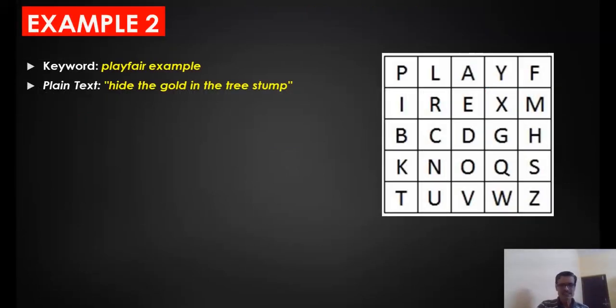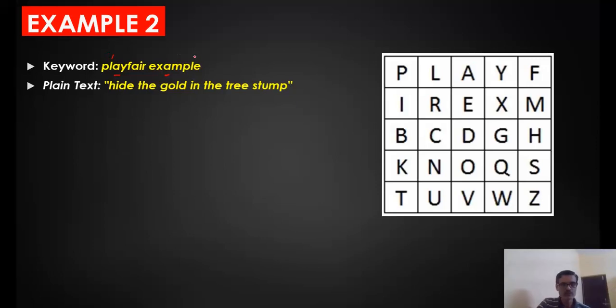Now I'll take one more example to make you understand how to encrypt as well as decrypt using this method. What is my keyword? My keyword is Playfair example. In that keyword, some of the alphabets are repeated, so I omitted them. Say A is repeated over here, and some other alphabets like L are repeated.